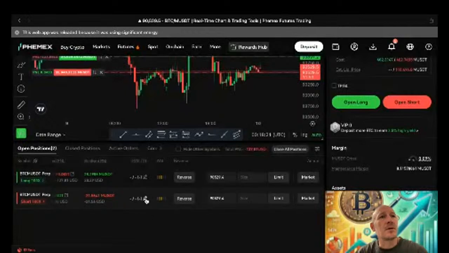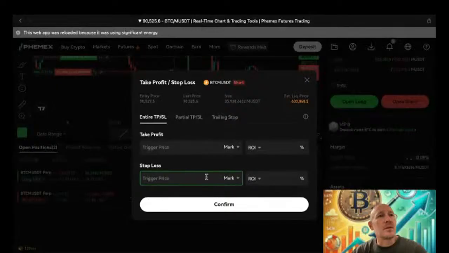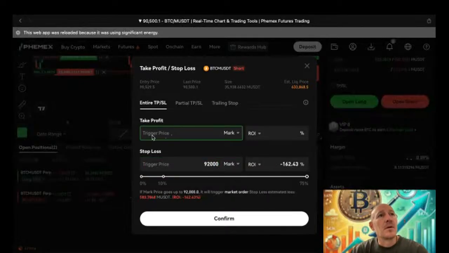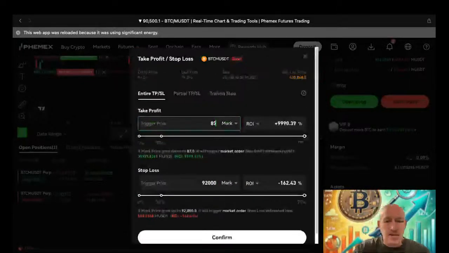This is the short here. Put stop loss at 92. Take profit at 87.5.